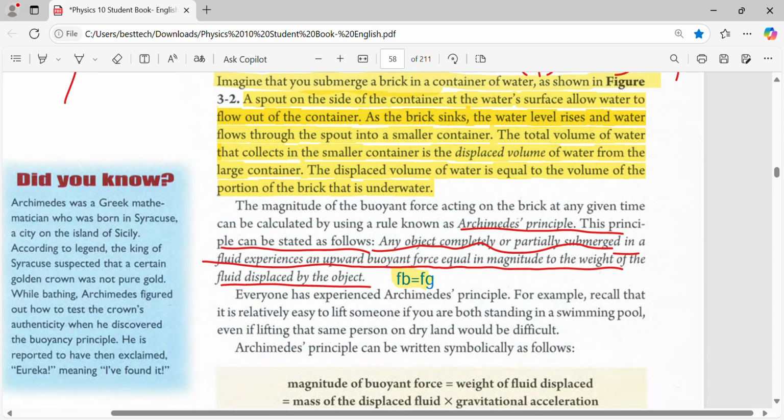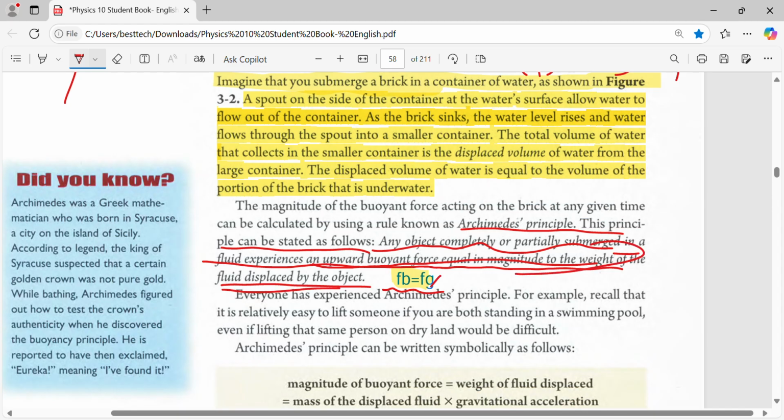Guys, in this topic, when the brick comes under the water, the fluid exerts an upward buoyant force equal to the magnitude of the weight of the displaced fluid. So Fb is equal to Fg. When Archimedes' principle happens, the buoyant force is always equal to the magnitude of the weight of the fluid displaced.